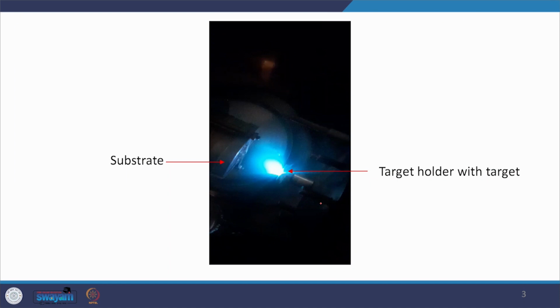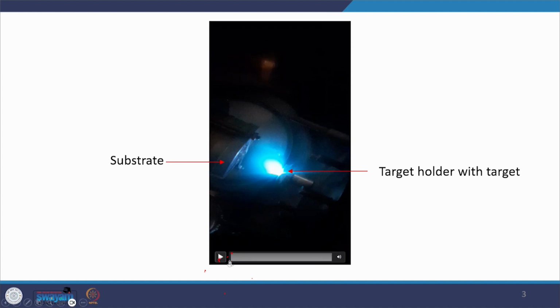Now I will show a video of the pulse laser deposition technique while we are doing it in our lab with the help of the third harmonic, that is 355 nanometer, of an Nd:YAG laser, that is the neodymium doped yttrium aluminum garnet.